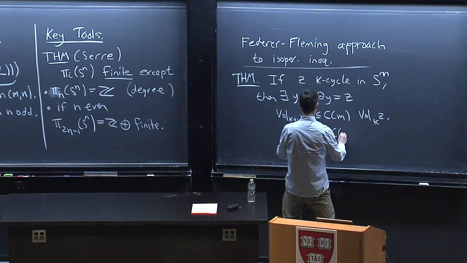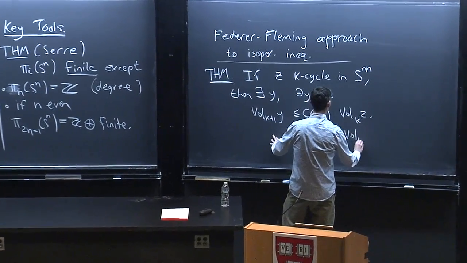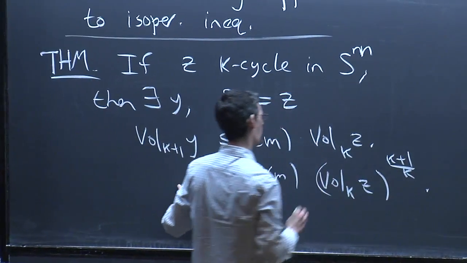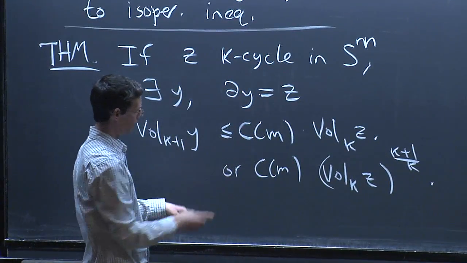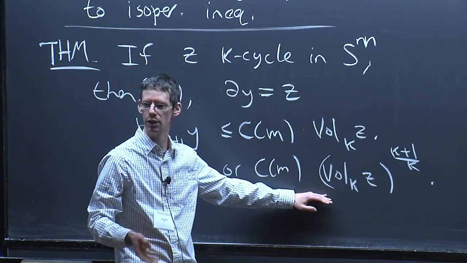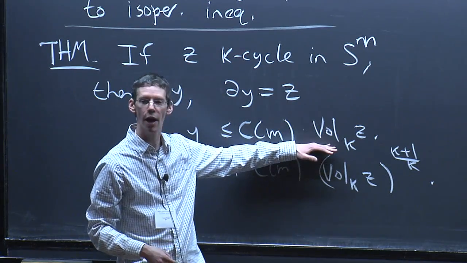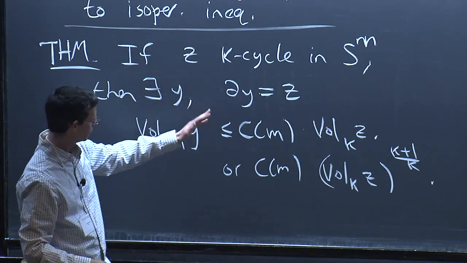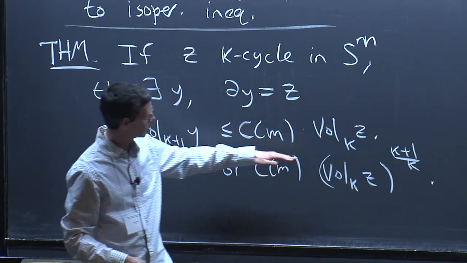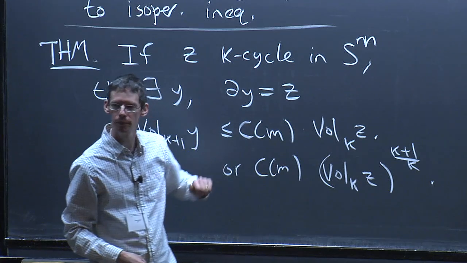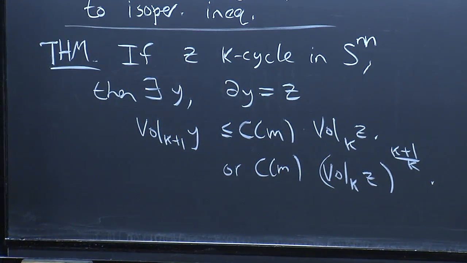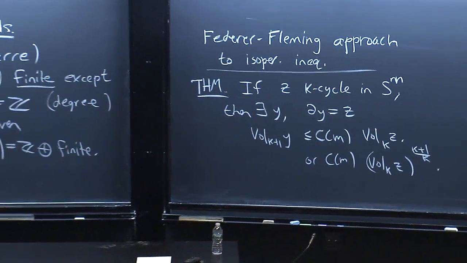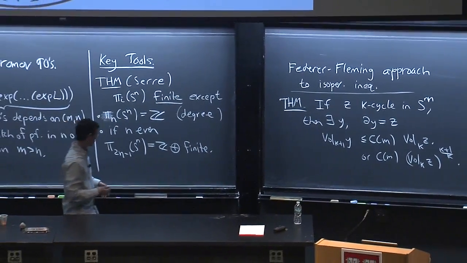Or we could say volume K of Z to the K plus 1 over K. And so comparing the two options, this lower one is better if Z is small. And actually, the upper one is better if Z is large. Now, we won't literally be using either of them, but the one we would more or less be using was the one for large Z. Other questions or comments? OK, so let's start to talk about the proof.